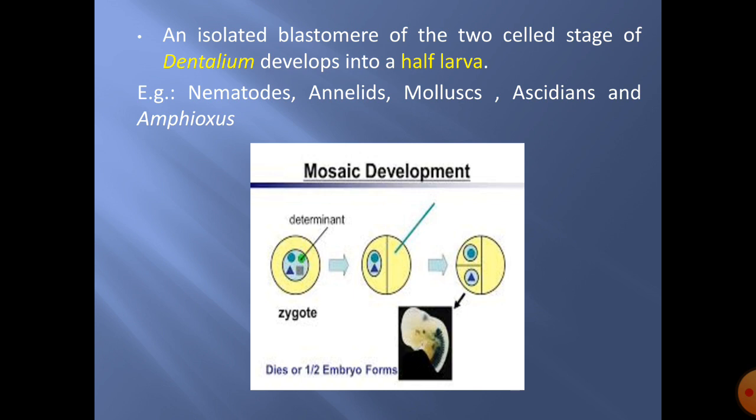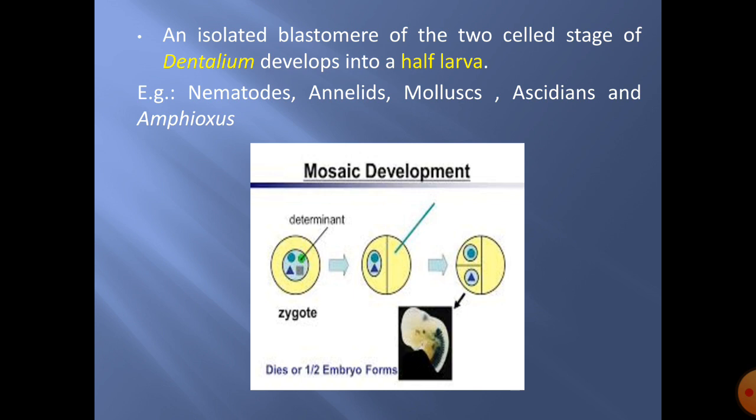You will never get a full, complete larva. Apart from Dentalium, in nematodes, annelids, mollusks, ascidians, and amphioxus, you come across this type of development, determinate development, and the type of egg is said to be a mosaic egg.